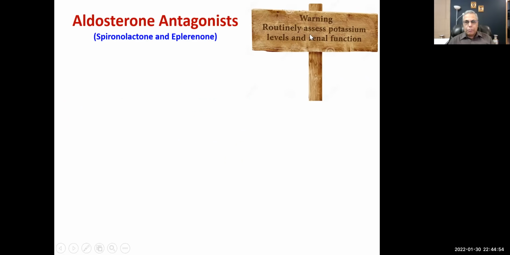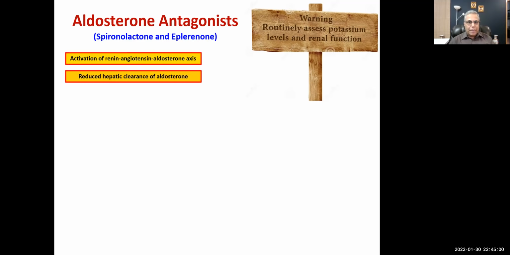Again, there is a warning that in heart failure, you must routinely assess potassium levels and renal function. And as I said, because the heart is failing, it is not pumping enough blood to go to the tissues and organs, so the perfusion of the kidneys is low.